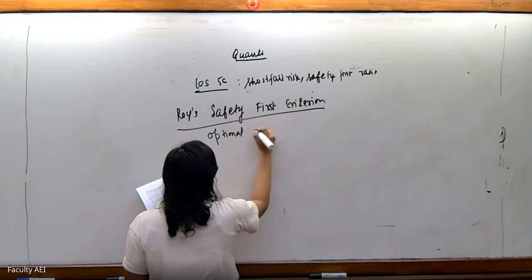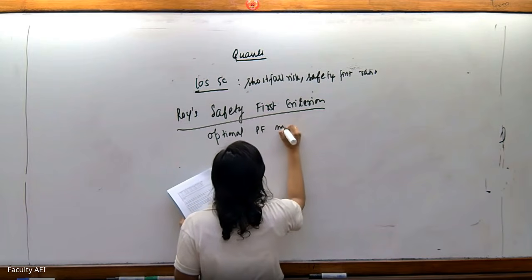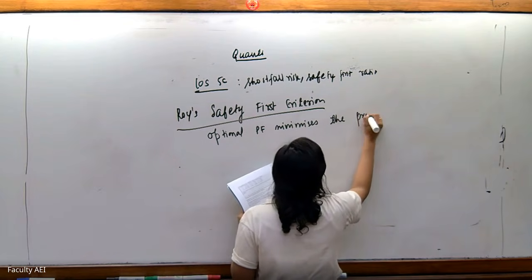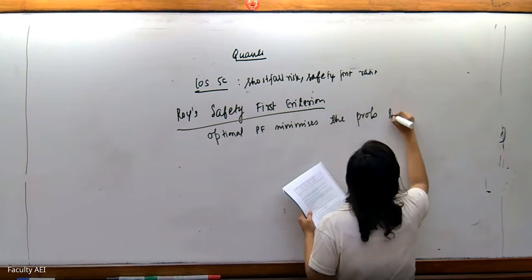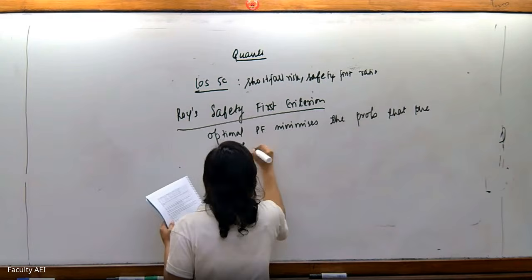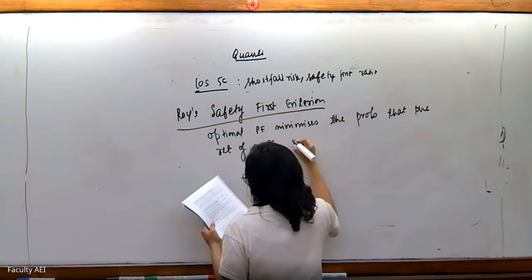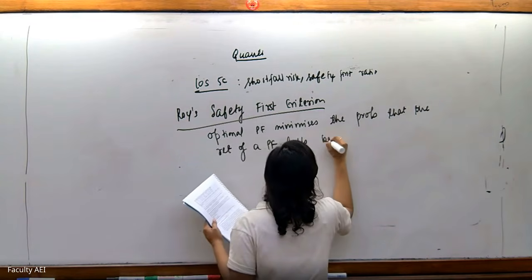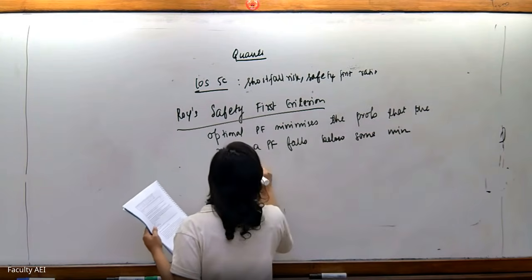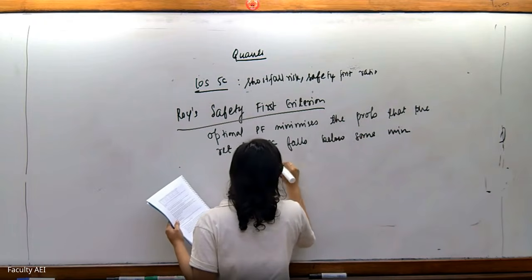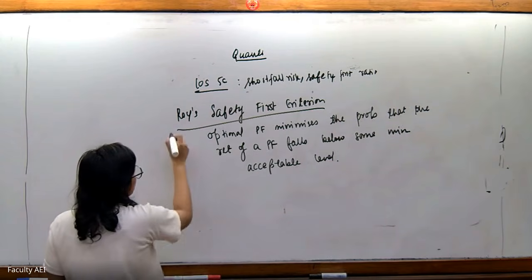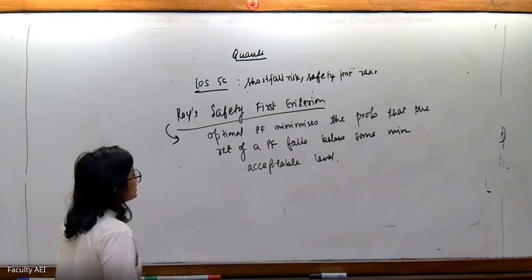The optimal portfolio minimizes the probability that the return of a portfolio falls below some minimum acceptable level. The Roy's safety first criterion tells you what is the optimal portfolio.